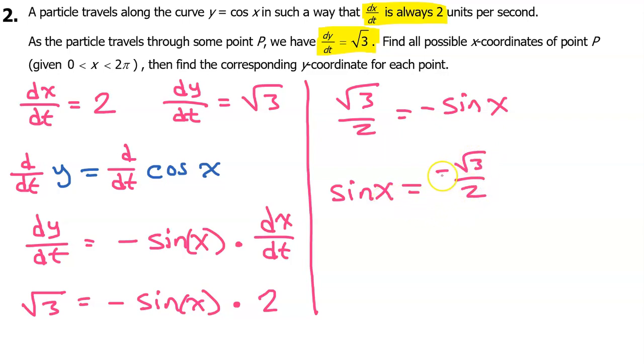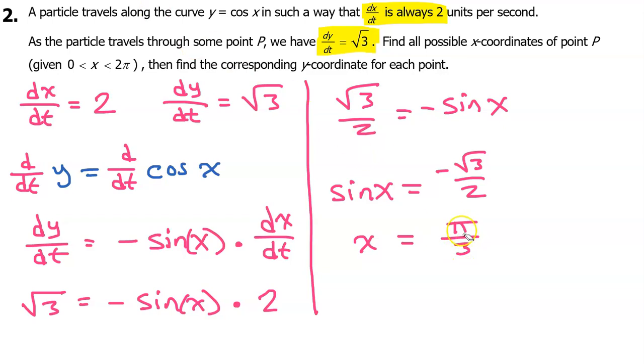So ignoring the negative sign for a second, the sine of what angle is radical 3 over 2? Well, that is pi over 3.